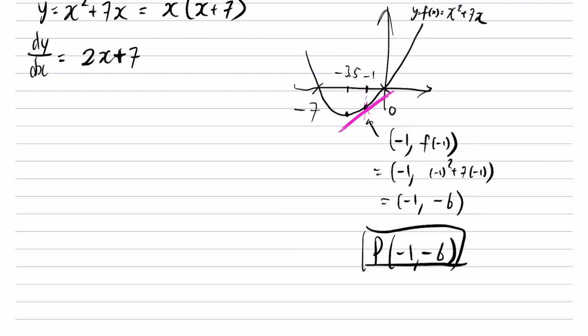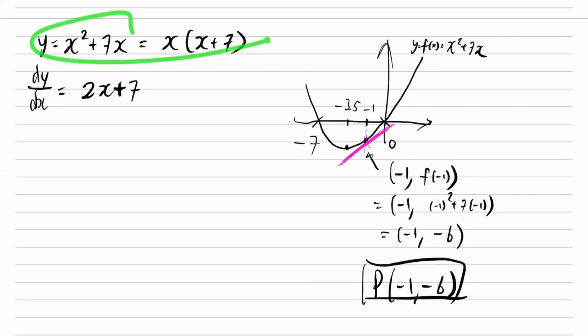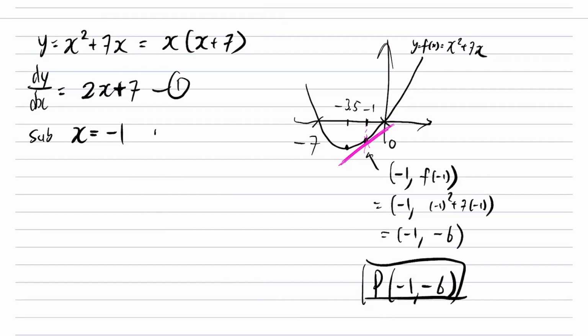Here's how you do it. You start with y, you differentiate, you get this expression. Then after that, you sub x equals negative 1 into dy by dx. What do you end up with?